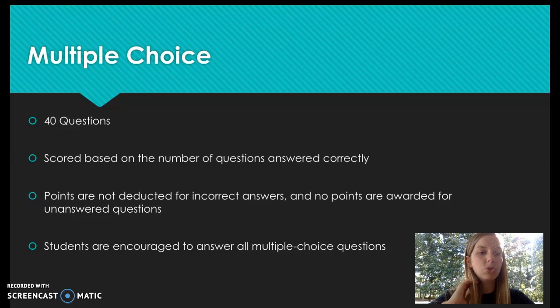Alright, so let's talk about the multiple choice. It's really not much to say. There are 40 questions, so you're going to be doing 40 questions in 90 minutes. And basically, you get a score based on how many you get right. You don't get punished for wrong answers, and you get no points if you didn't answer a question. So basically, you want to answer all of the multiple choice questions. In the past, my students have finished the 40 questions in plenty of time, so I strongly encourage, once you finish, going back and looking again.